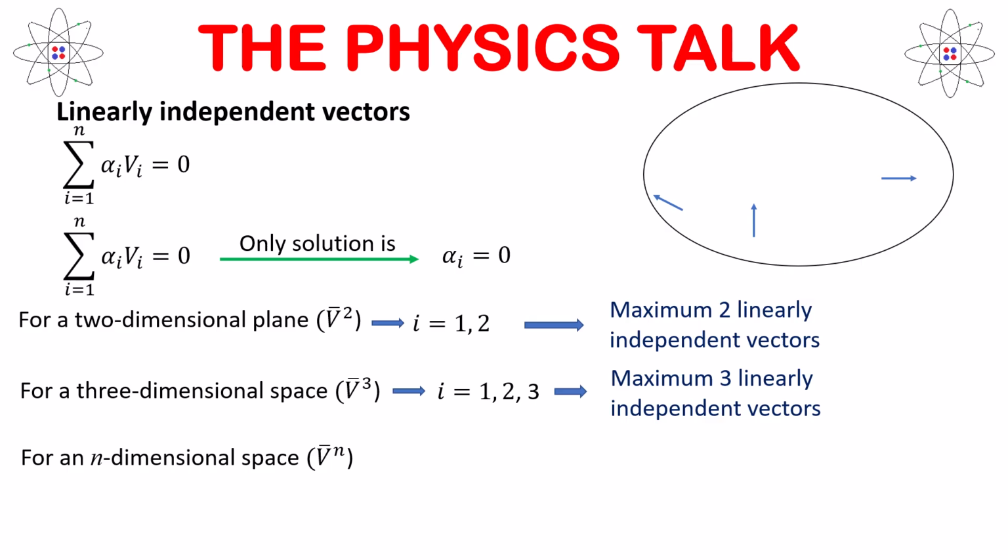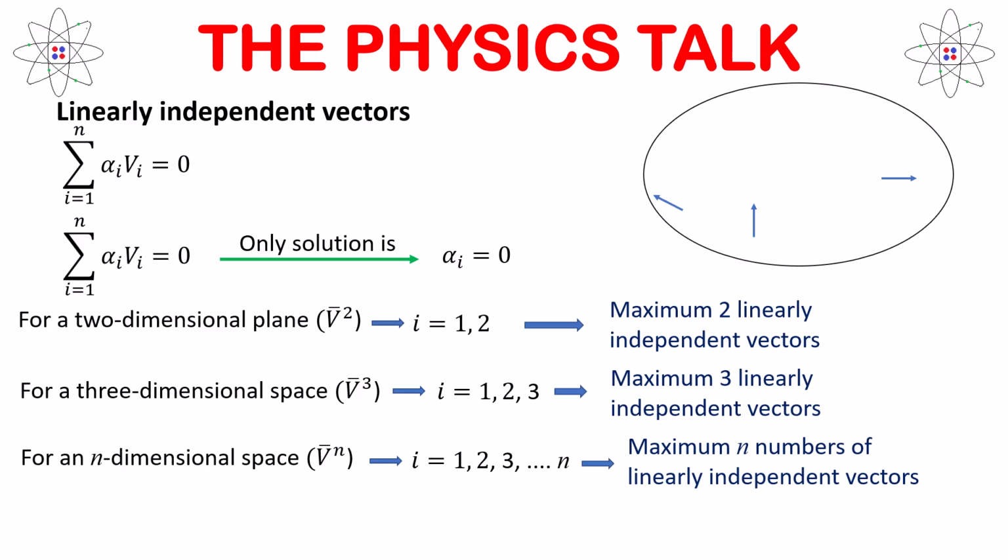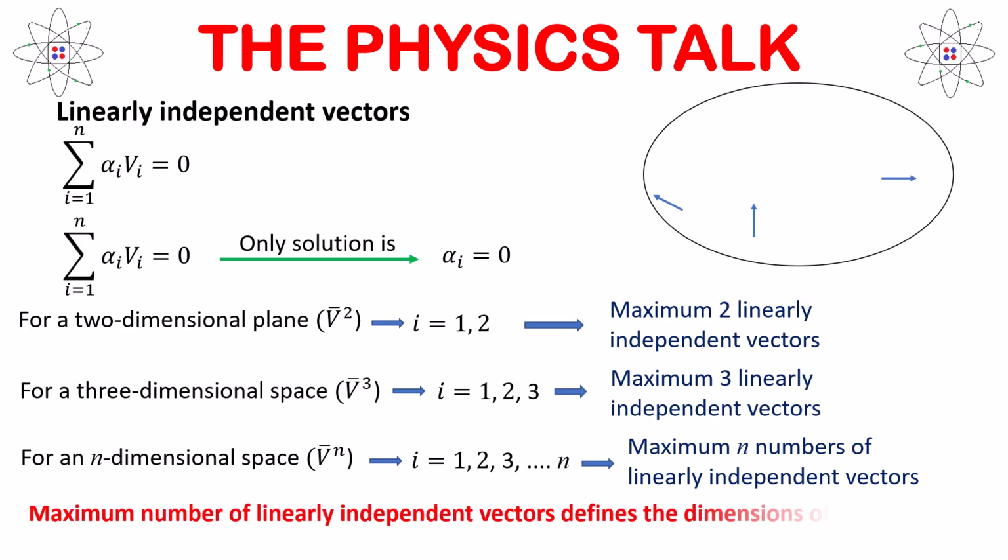Similarly, in an n-dimensional space, maximum n number of linearly independent vectors will remain. In this way, we have found that the maximum number of linearly independent vectors that can exist in a vector space defines the dimensions of that vector space.